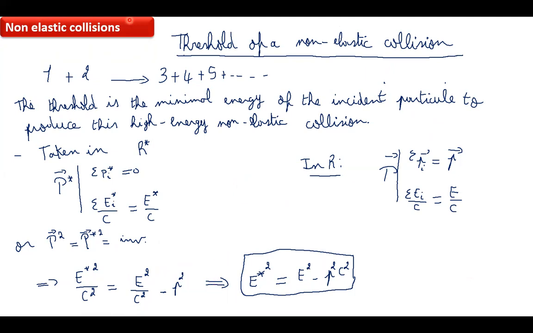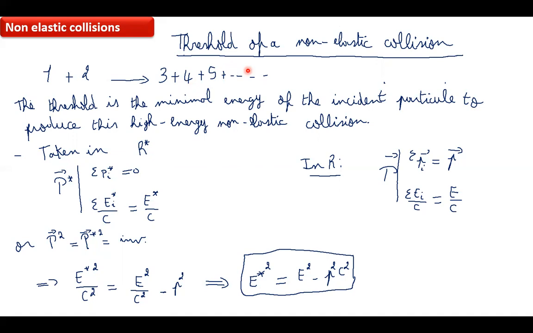So if you take a collision between particle 1 and particle 2, then after collision you have completely different particles such as 3, 4, and maybe 3, 4, and 5, etc. So here we have a creation of particles, a non-conservation of the masses. We have different particles after collision than before collision. This is by definition a non-elastic collision. So we have different particles, the mass is not conserved.